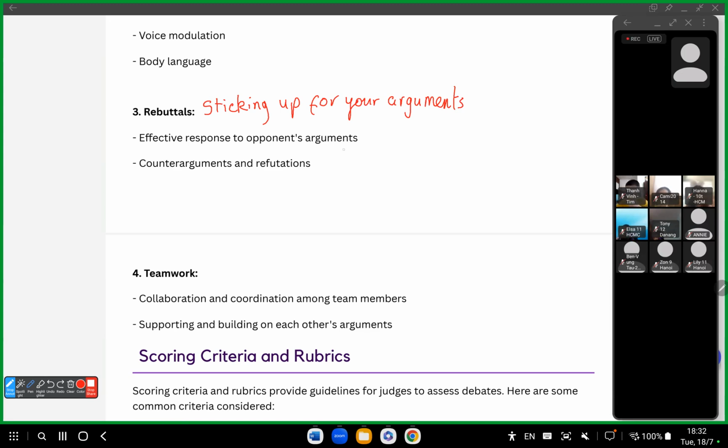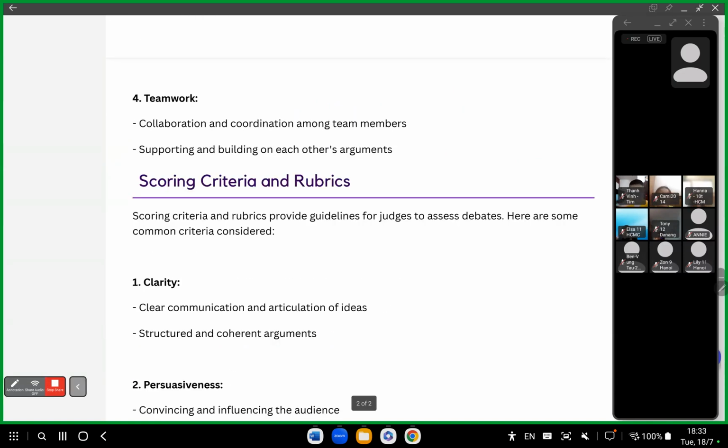And the main point of rebuttals is to find weaknesses in your opponent's arguments. And finally, teamwork is just working together.